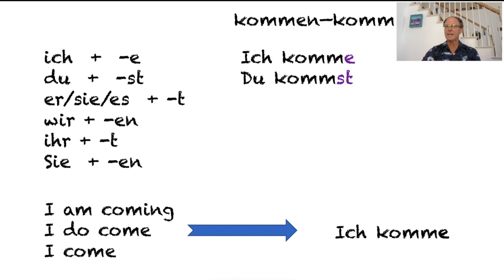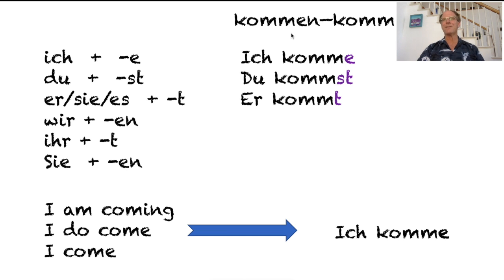Now, if you want to say he is coming, or she is coming, or it is coming, that is kommt. That's he comes. You can say sie kommt, or es kommt. And if you want to say we are coming, the we form in German is just the same as the infinitive, kommen.